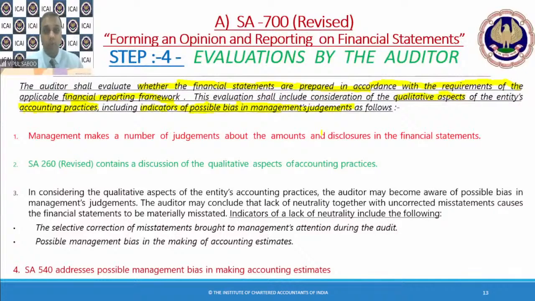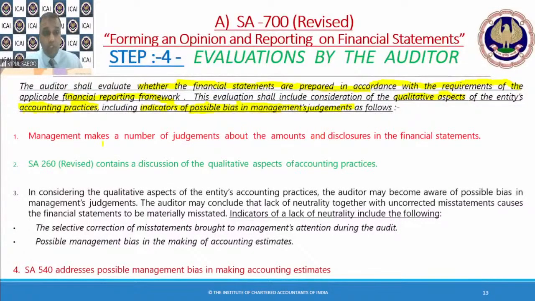Why did they resort to it? Fixed assets got depreciated, but no. They said, we will not show them at historical cost, we will show them at current cost. So if they are doing something, they should be supporting it with a proper reason. Otherwise, this would tantamount to bias by the management.